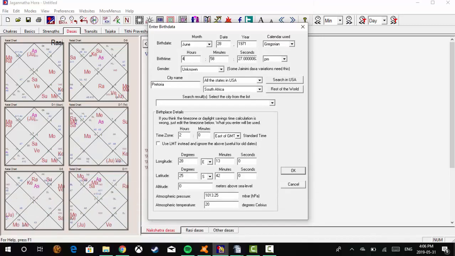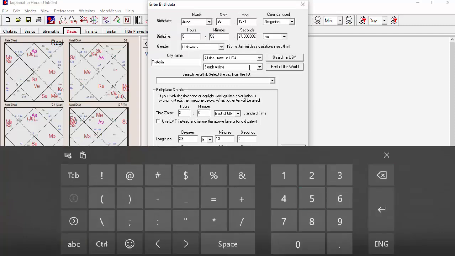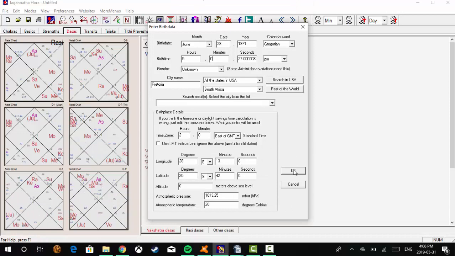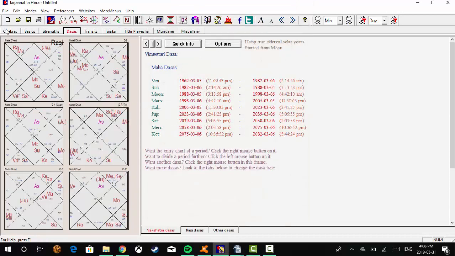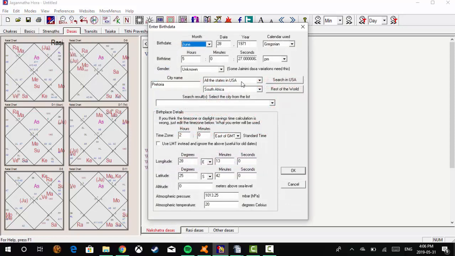Let's just play around with the numbers here. Let's just go 5. And if this takes a while, I'll speed it up.